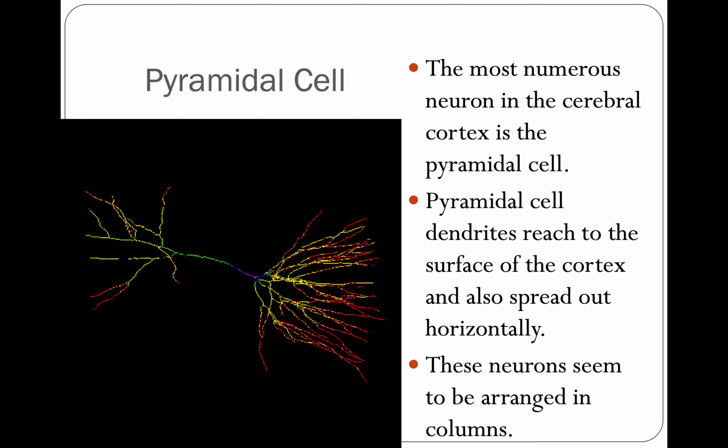The most numerous neuron in the cerebral cortex is the pyramidal cell. Pyramidal cell dendrites reach to the surface of the cortex and also spread out horizontally. These neurons seem to be arranged in columns, and this is one of the reasons why if you ever watch Jeopardy and try to answer the questions, sometimes you can answer them and sometimes you can't.